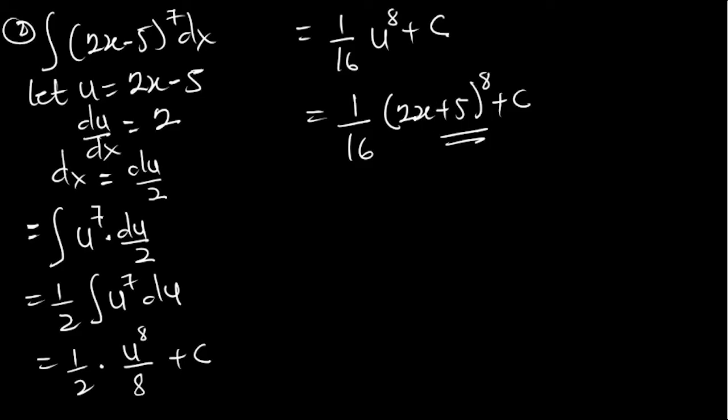We can also look at this example and see how best we are going to solve it. So the third example, let's find the integral of e raised to the power 5x plus 2 with respect to x. If you are asked to integrate this, you can use the method of substitution very easily.